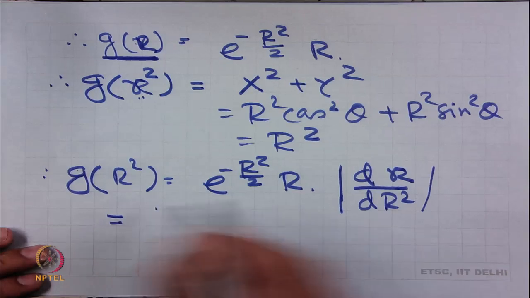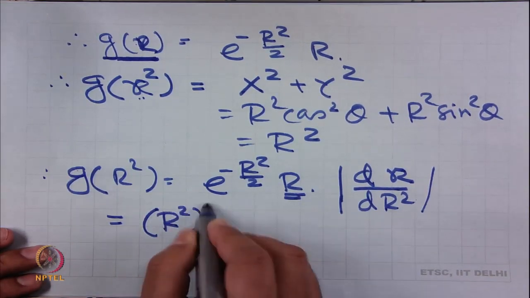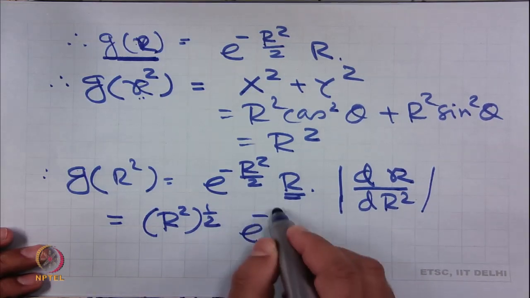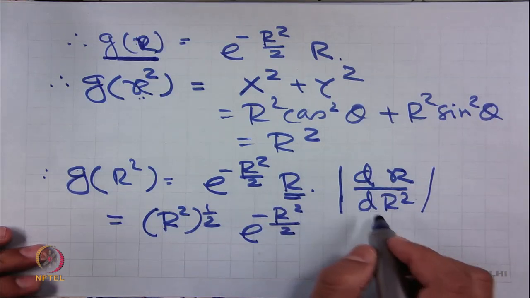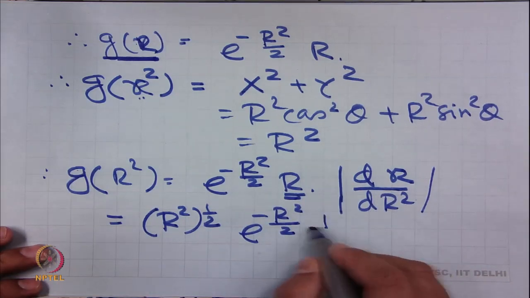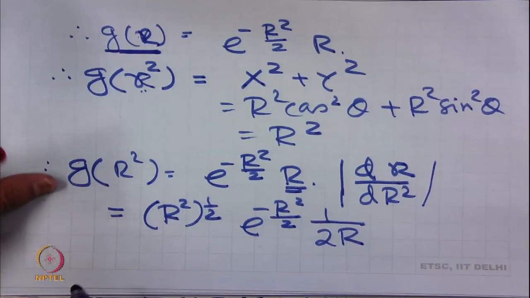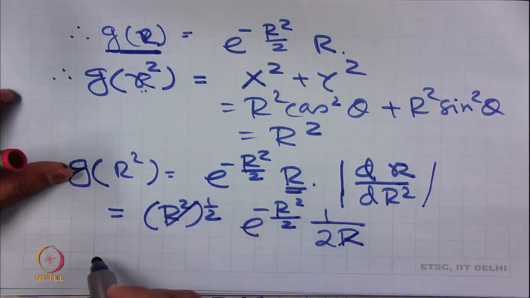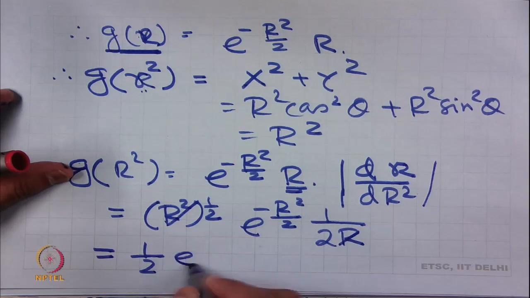This r we write as r square to the power half into e to the power minus r square by 2, and dr upon d r square is equal to 1 upon 2 r. So this cancels with this, and what we get is half e to the power minus r square by 2.